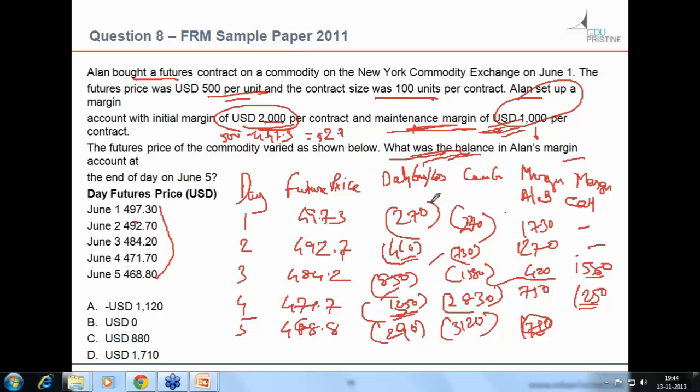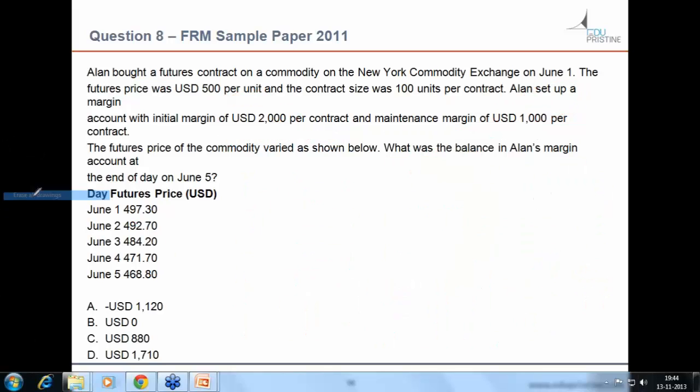Okay, you have to be very quick on this. It's time consuming, but if you keep some patience and work out fast math, you'll be able to get this answer. If you use your calculators less and more of your own calculations, maybe you can get answers very quickly. So the answer is D, 1710.